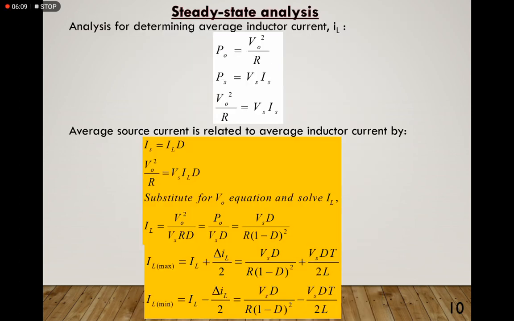We proceed with the analysis to find the rest of the parameters. In order to find your average inductor current IL, we need to use the power equation. From the analysis, one of the assumptions is that the input power is equal to your output power.